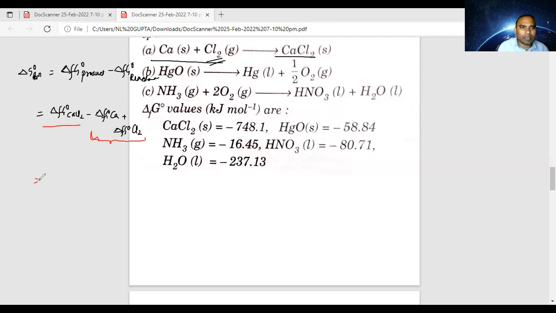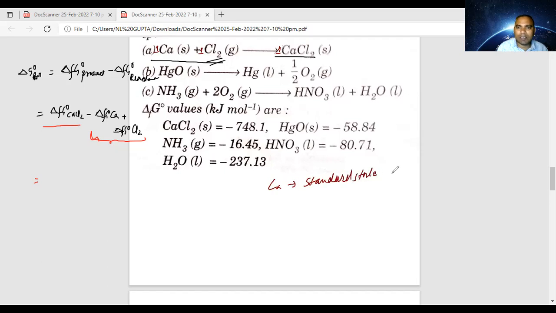So let's try to write down the values here. How can we put the values? The multiplication factors are all only one, so we need not multiply. Calcium is in its standard state.